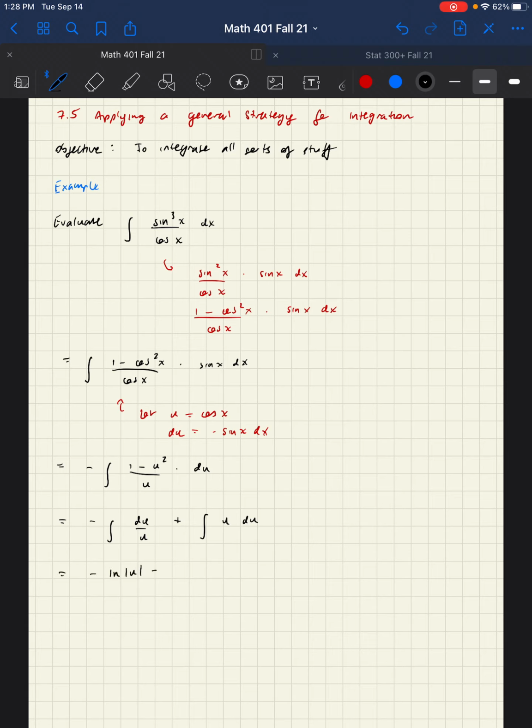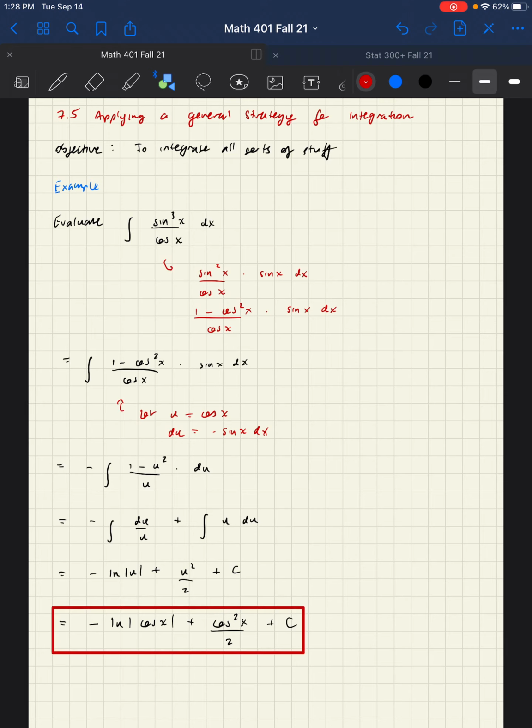Then I have negative ln of u plus u squared over 2, we're done with that, plus c. And u was just cosine of x all along, so we have equals negative natural log absolute value of cosine of x plus cosine squared x over 2 plus c. Done. Nice. Okay.